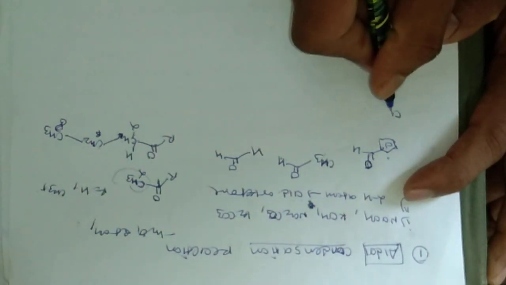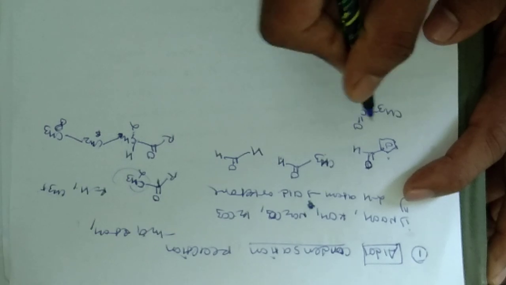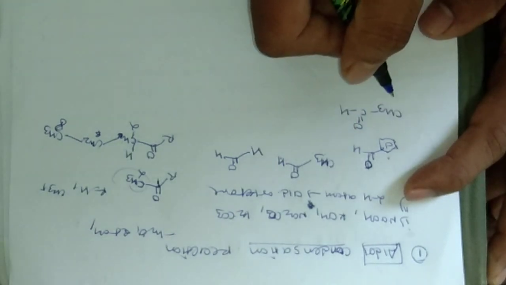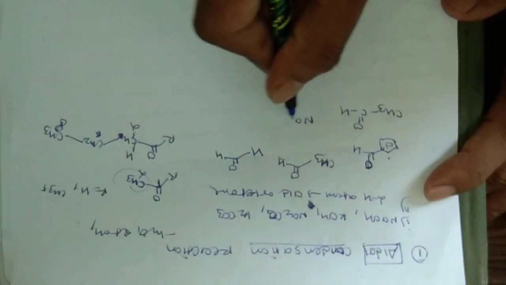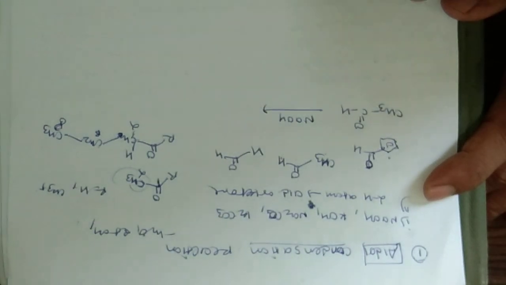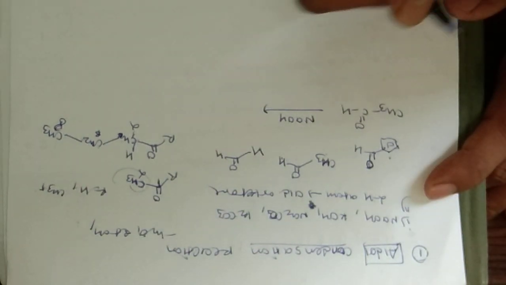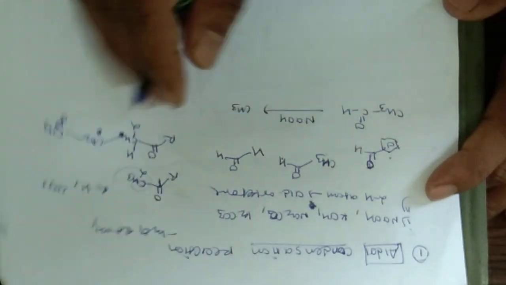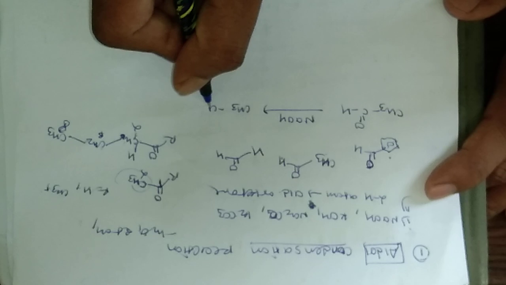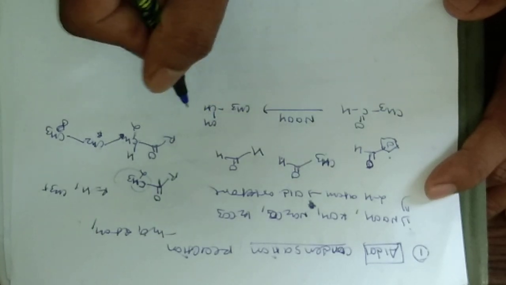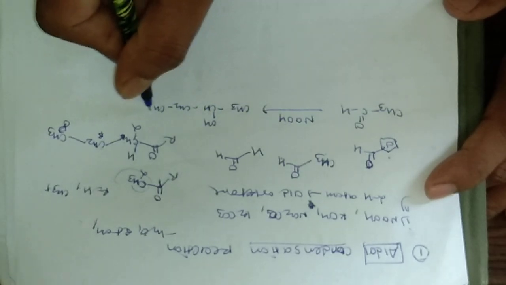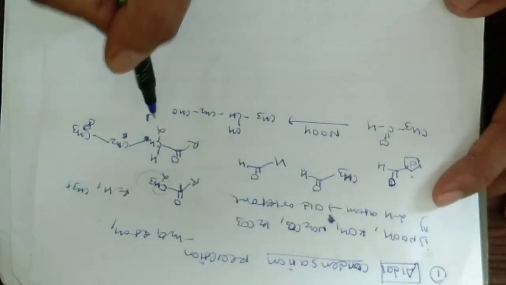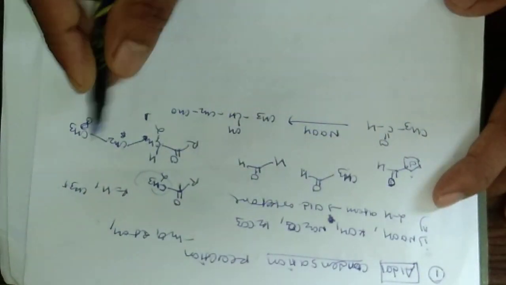Let me take here CH3CHO, acetaldehyde, in the presence of base. It gives CH3CHOHCH2CHO, which in this reaction is called aldol.